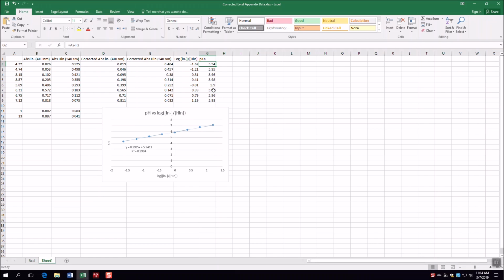If you need help working through this specifically, you can find an appendix in the back of your lab manual. I believe it's appendix number 4, but don't quote me on that, where it goes through how to set up your Excel sheet, including how to set up these equations and how to set up the graph and add your trend line and all of that.